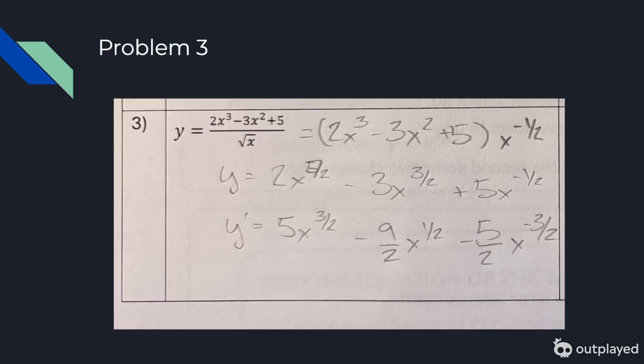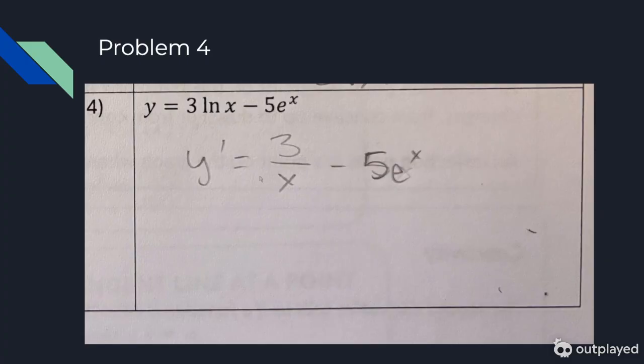We could do negative 5 times negative 1/2 becomes 5/2, x to the negative 3/2. Right here, we don't have to simplify this one technically. You could if you wanted to. You don't have to, because there is a lot going on, mostly with the fractions already. And then we can move on to problem number 4 now.